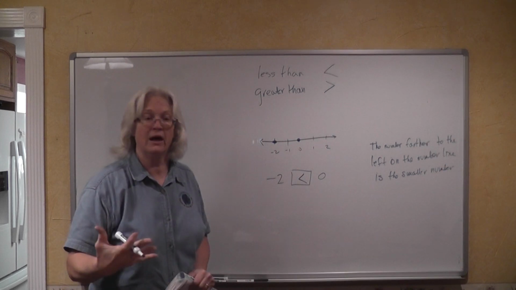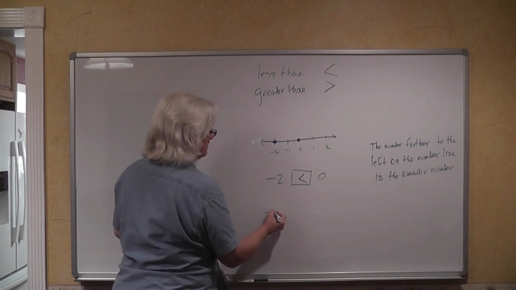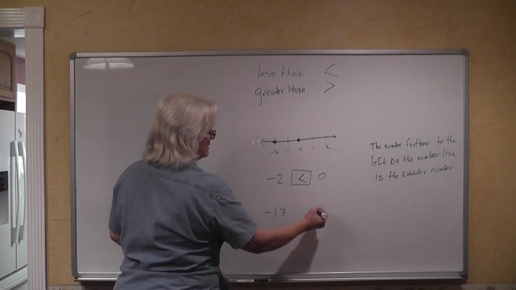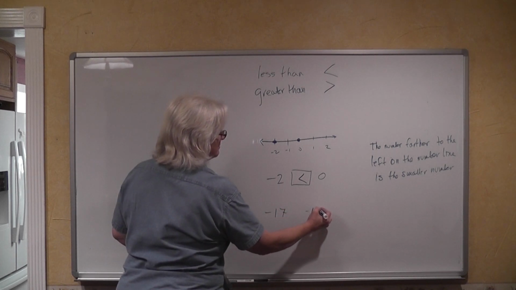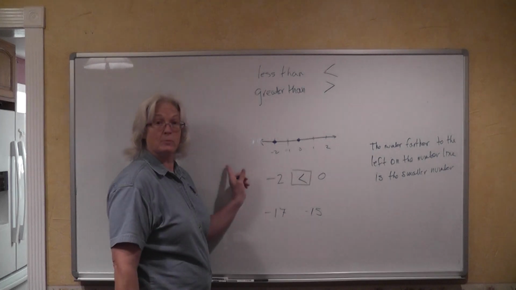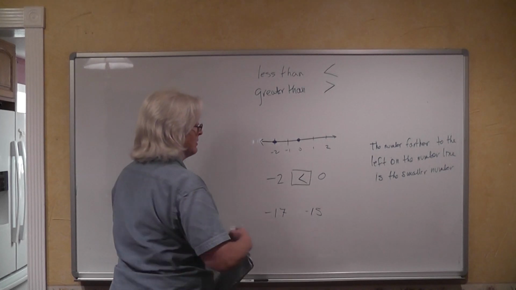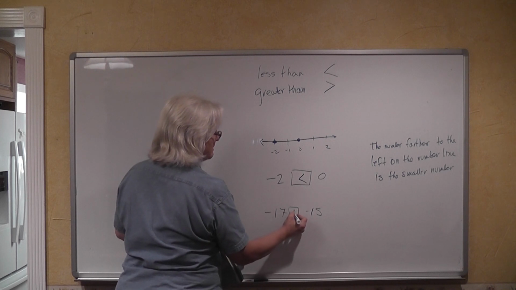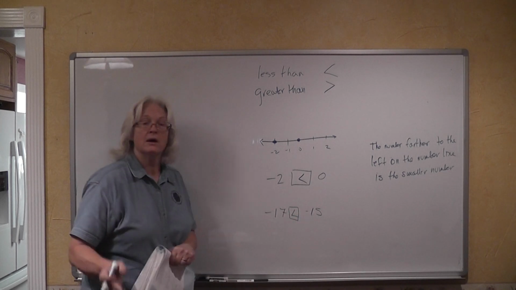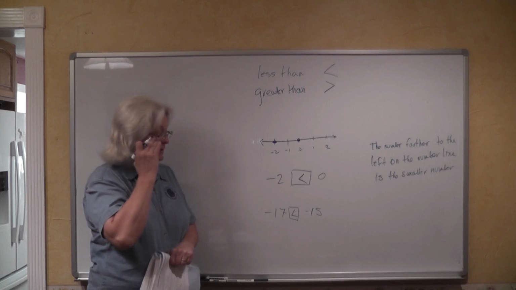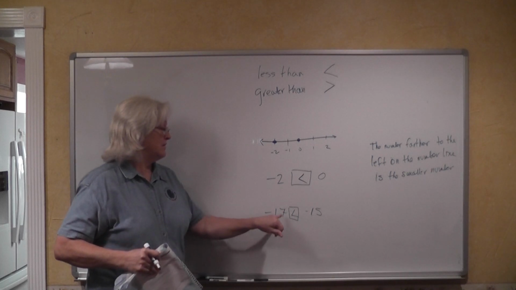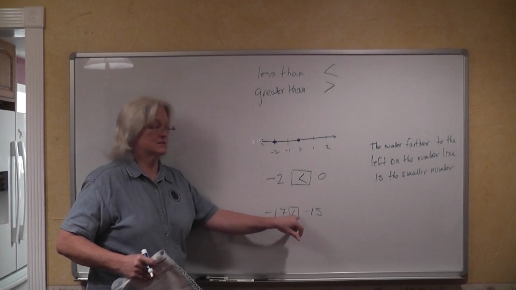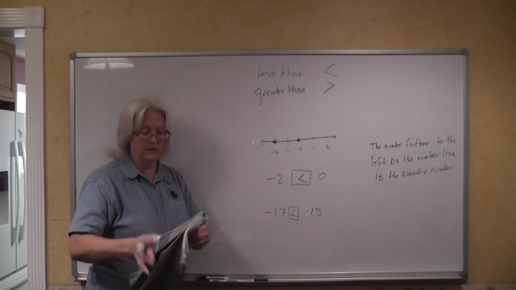Okay, so if you have a -17 and a -15, which number is going to be further to the left on the number line? -17. So -17 is smaller than a -15. Or -17 is less than a -15.